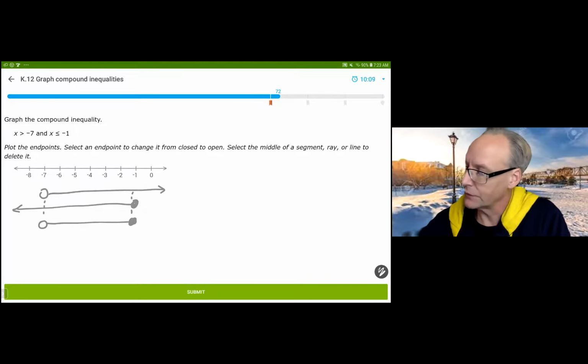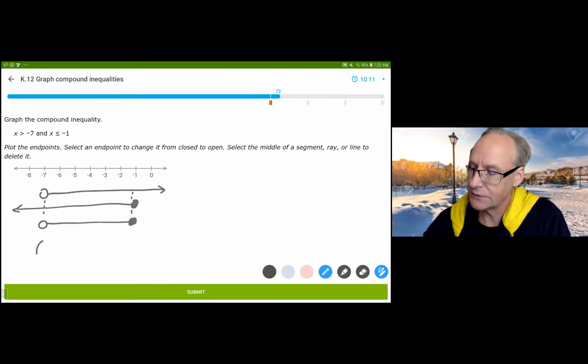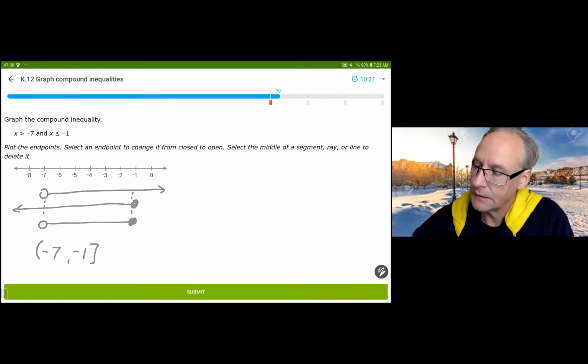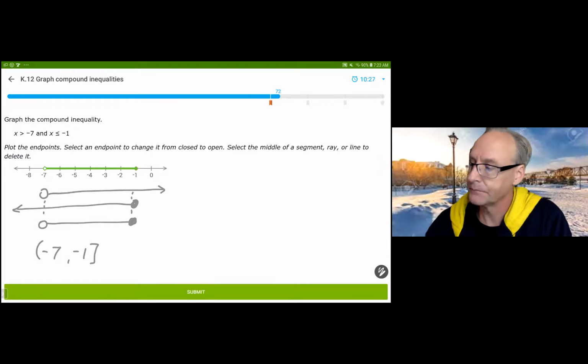And of course, I could write it in interval notation, which goes from -7 up to -1 inclusive. So it's all the numbers between -7 and -1. And I'm going to include these guys up to -1, not including -7.